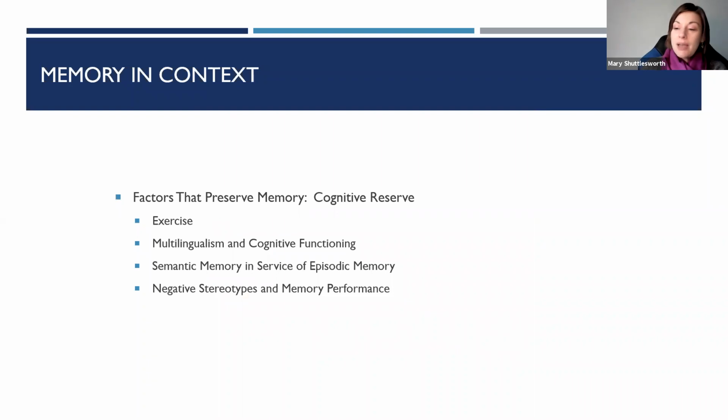All right, so when we talk about factors that preserve our memory, so this is things that are connected to our cognitive capacity over the course of the lifespan. Look what's back, big surprise here, not really, exercise, right? So exercise, of course, gets oxygen to the brain. It increases that neural plasticity.